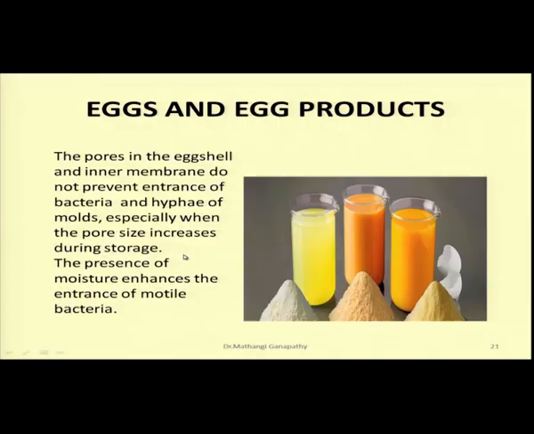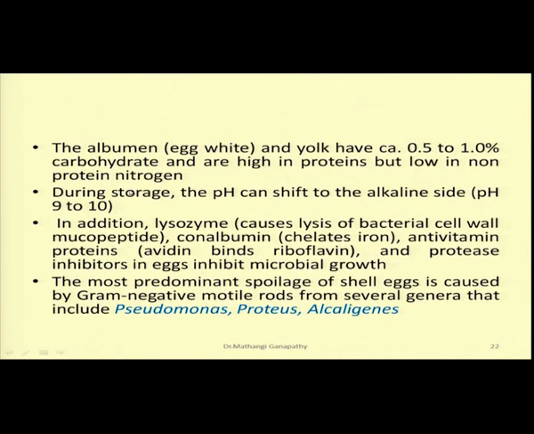Also, if the spores have germinated on the outer side, through the small pores the hyphae of the mold can grow inside. As the pore size increases during storage, if you keep it for a longer time instead of utilizing it immediately, you are going to see more bacterial growth, and the hyphae will in turn spread inside the eggshell.